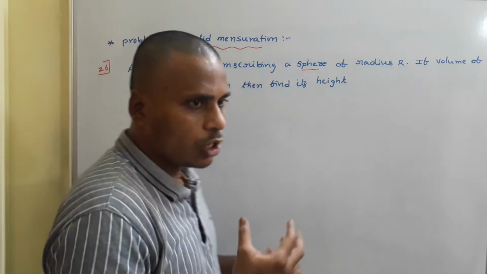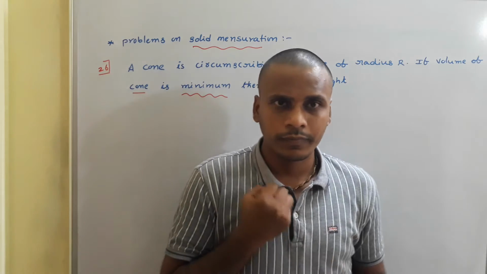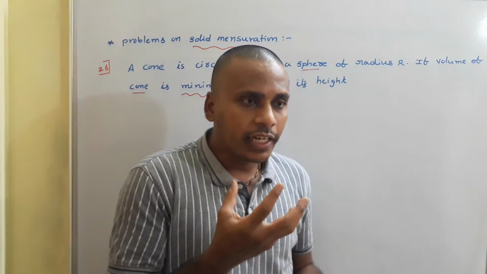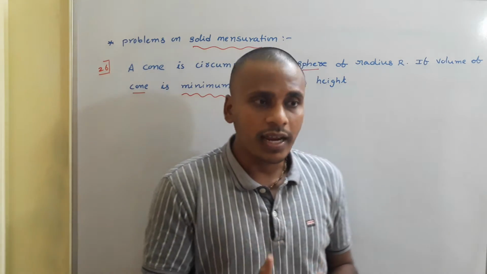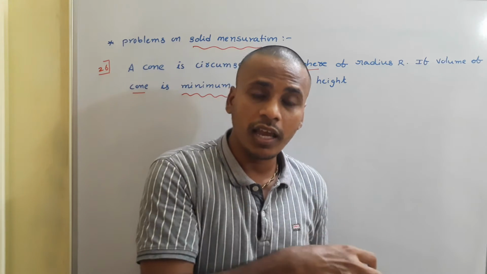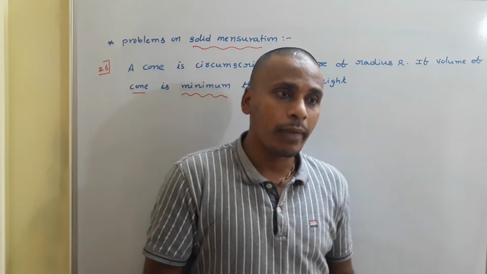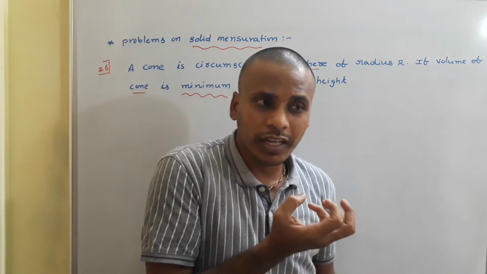I have a sphere. I think you are all familiar with this sphere shape, right? I need to inscribe this sphere in a cone. So how many cones are possible? Imagine I have a sphere. That sphere is fixed.